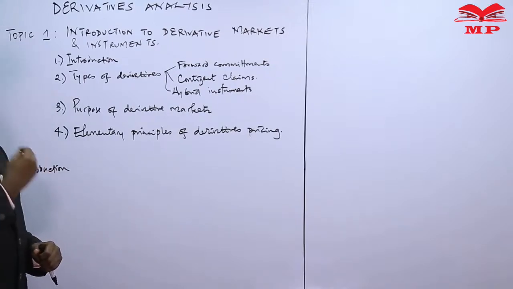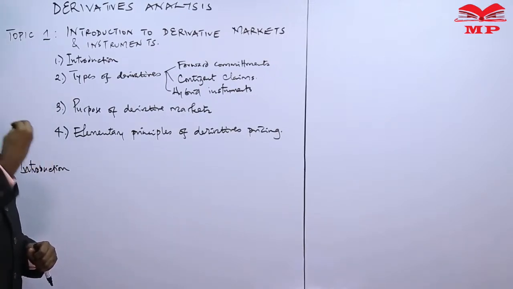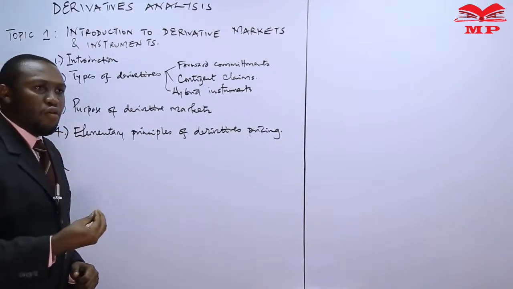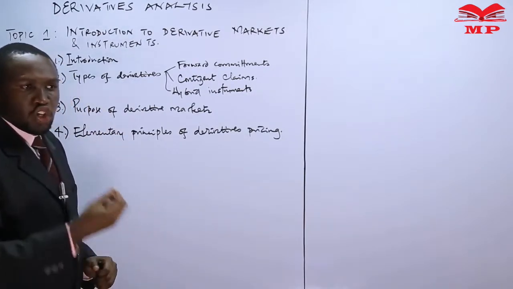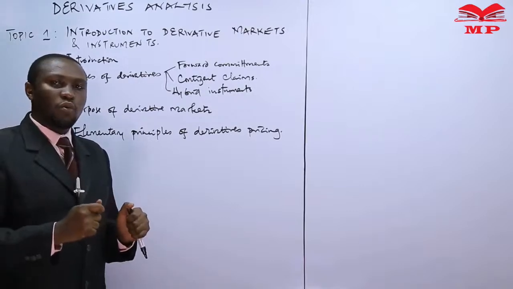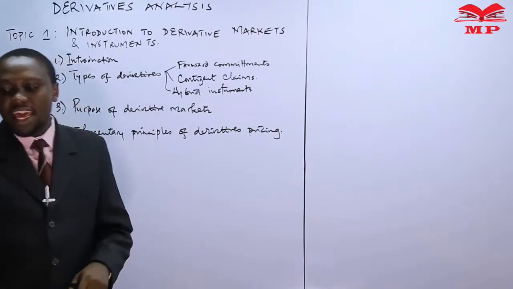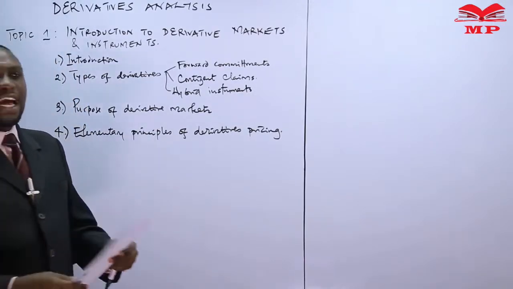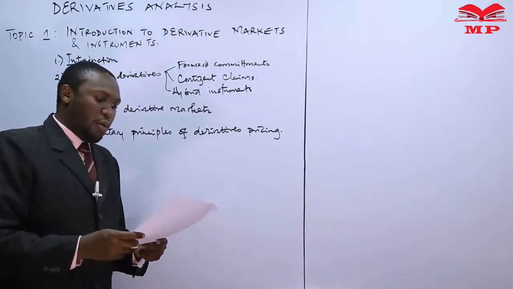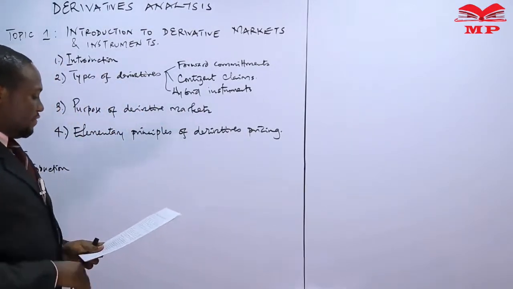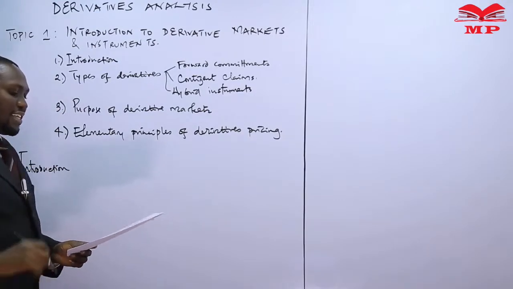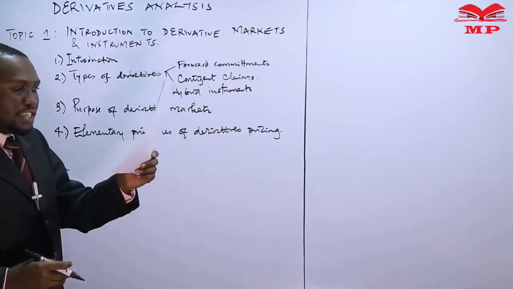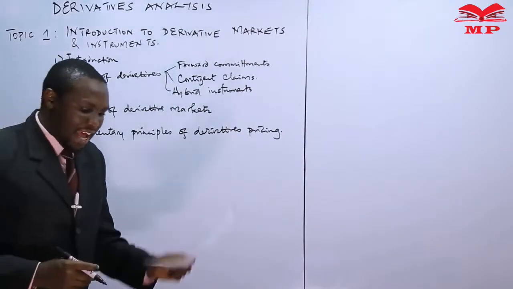So a derivative, being the value that is derived from another, is in the form of a contract. So a derivative is essentially what? A contract. They are paper contracts, like a contract I'm holding. We will say a derivative is a financial instrument that offers a return based on some other underlying asset.